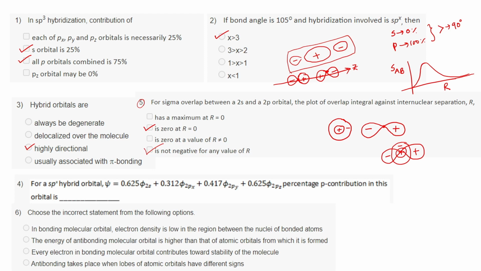One, the atomic orbitals have to be energetically similar. I am not saying same, because obviously 2s and 2p may not have the same energy.